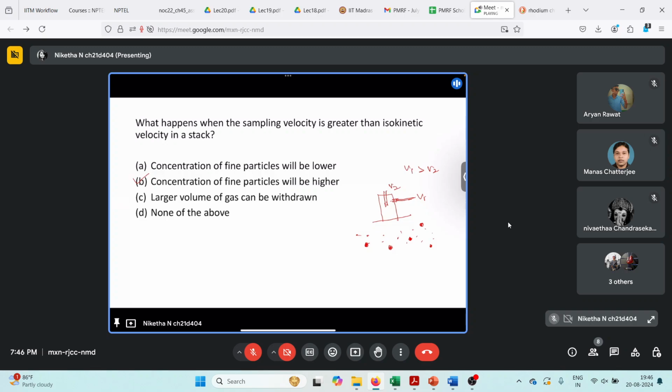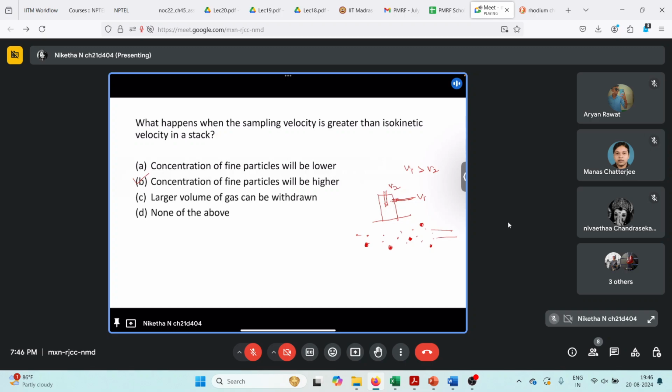If the sampler has a higher velocity and applies suction, all the small size particles will easily enter the sampler, and compared to the heavy particles, the lightweight particles will be more in the sample.